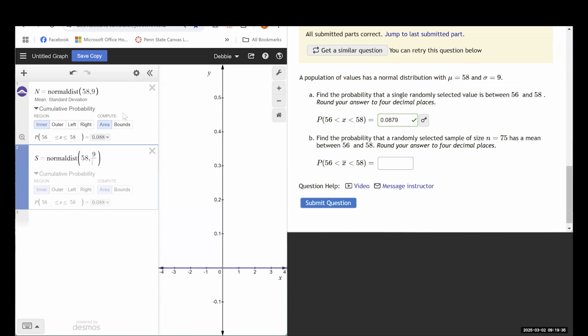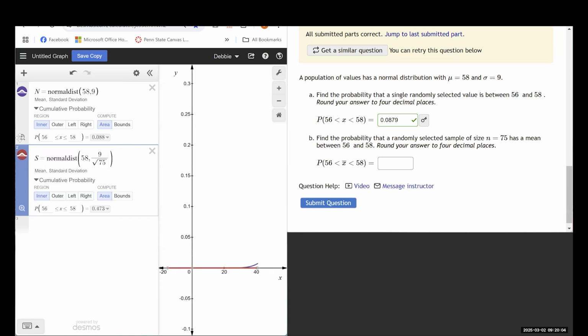This standard error of the mean, which is the standard deviation of the sampling distribution, is the standard deviation of the underlying distribution, that's the 9, sigma equals 9, divided by the square root of the sample size, which is 75. So that's going to be a much smaller standard deviation.